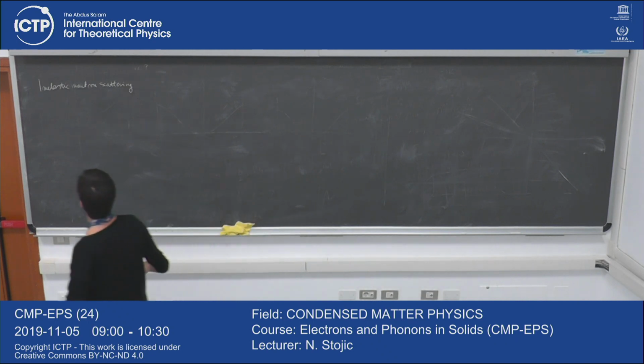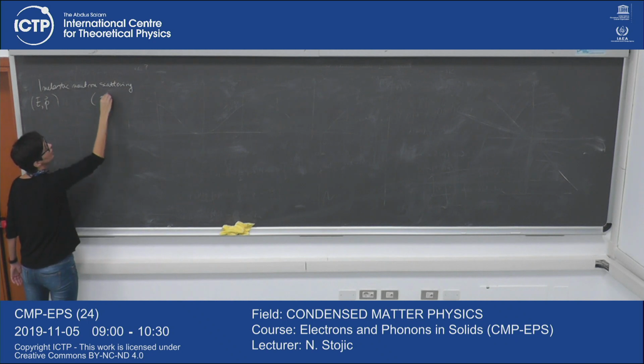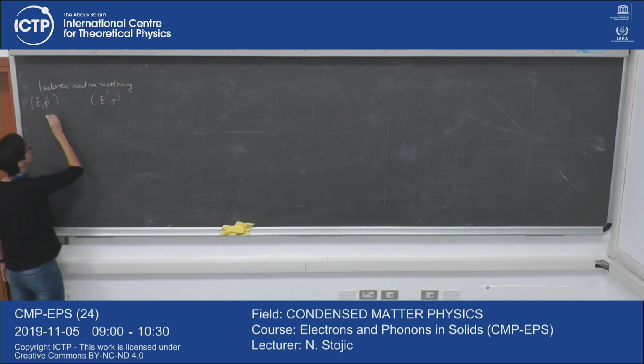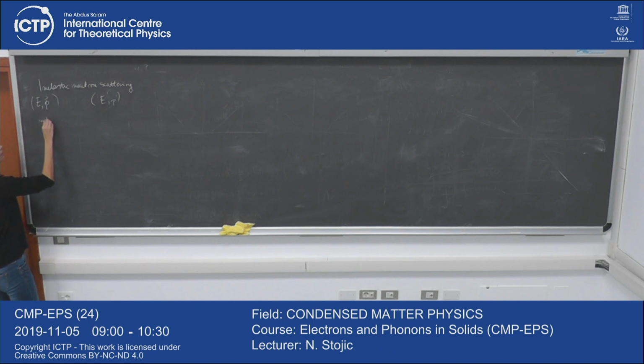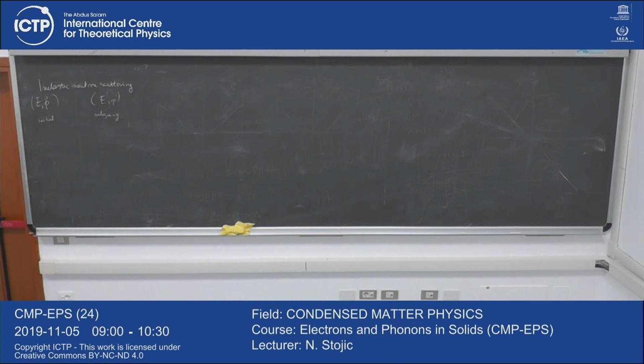So the initial neutron has energy E and momentum P. This is initial, and the outgoing. So initial, outgoing neutron, and the energy is of course conserved.